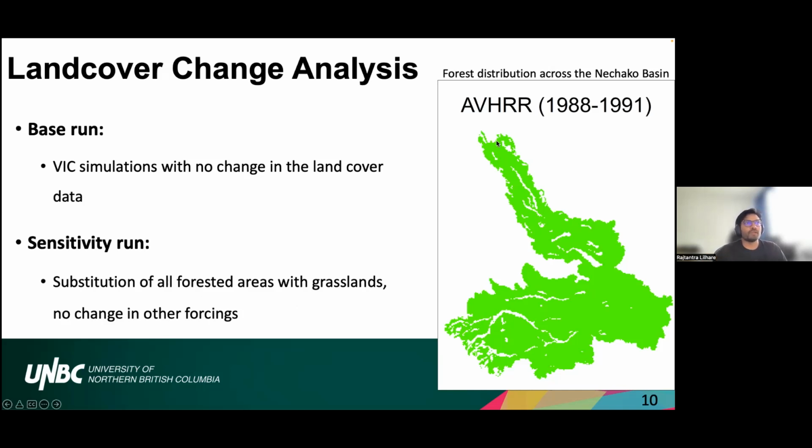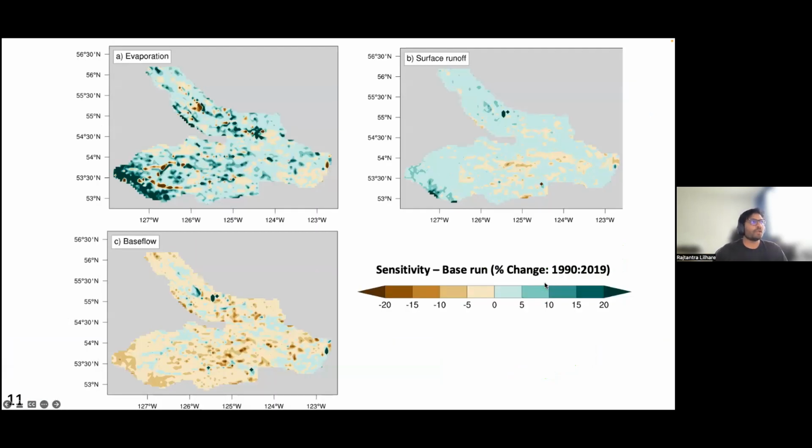Here you see the land cover data I used for the simulation, which is AVHRR data. It is a composite of images from 1988 to 1991, producing one land cover data set for the area. Here are the results of the sensitivity run.